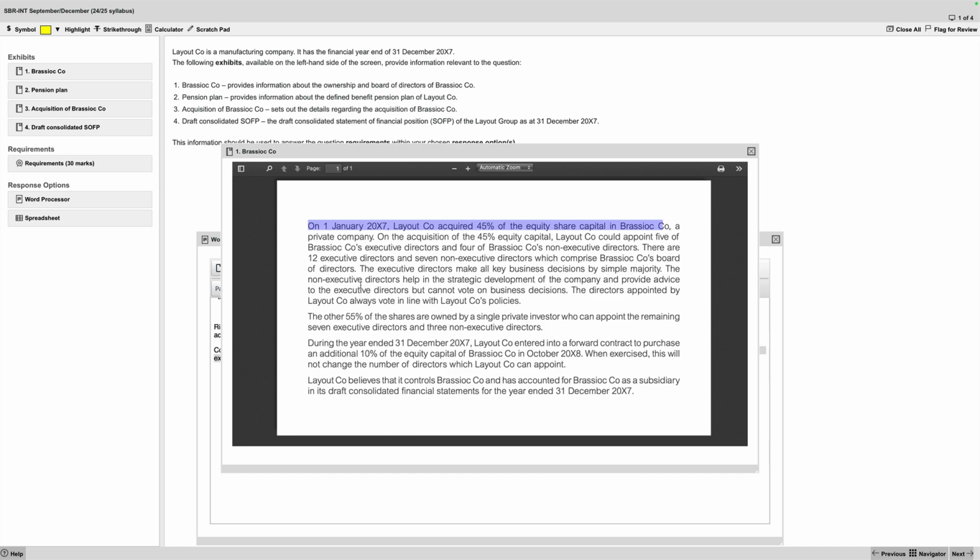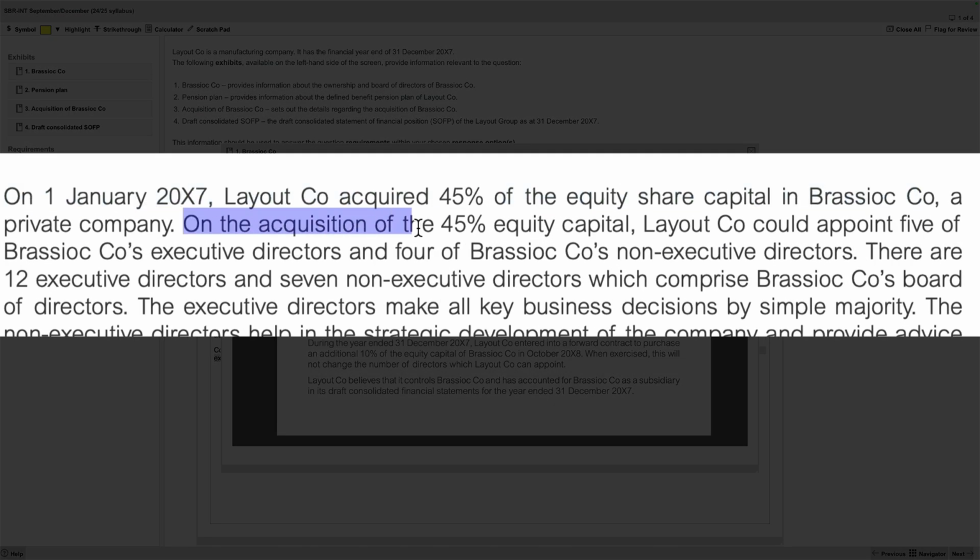Back to the scenario. On the acquisition of the 45%, we could appoint 5 out of the executive directors. Okay, I'm going to ignore the non-executives at the moment. So we can appoint 5. Well, that means nothing. If it's 5 out of 5, we've got control. If it's 5 out of 100, we haven't got control, have we? And it says there are 12 executive directors.